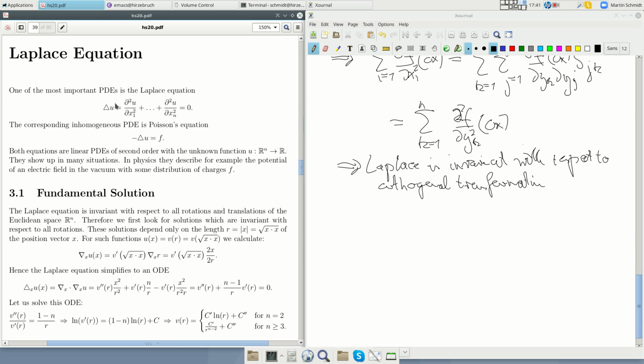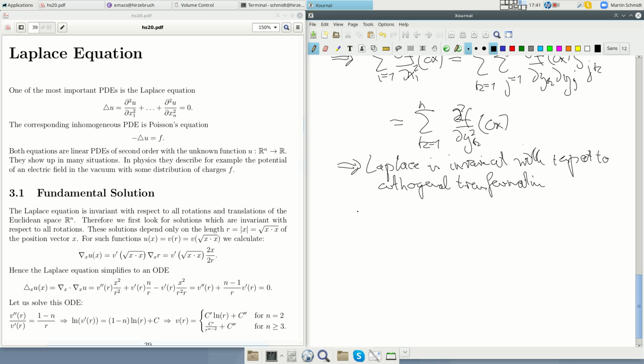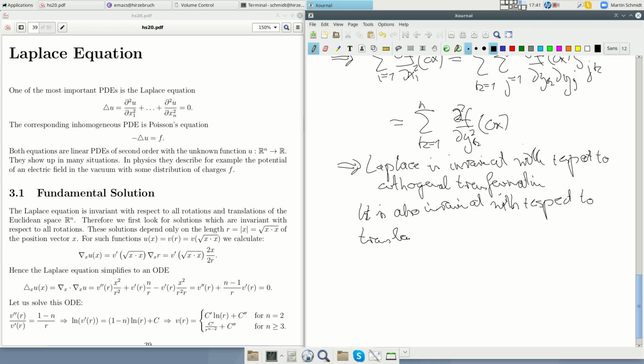And of course, since the coefficients here are constant, it is also invariant with respect to translations. So it has the full Galilei group as an invariance group.